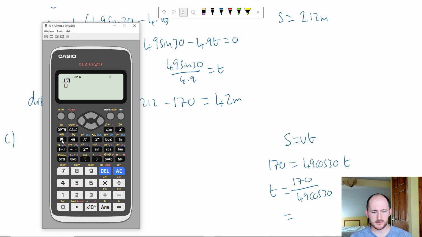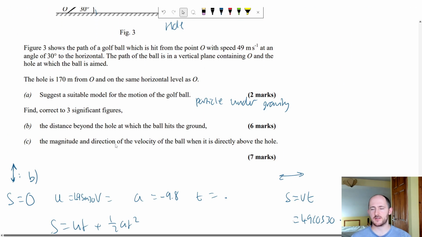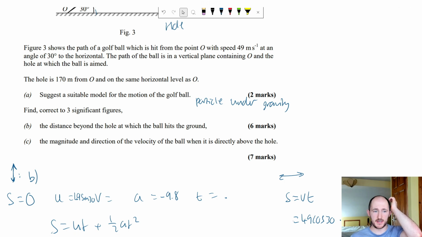Should we take a guess? 3.9? Why not, right? Not bad. 4 seconds.